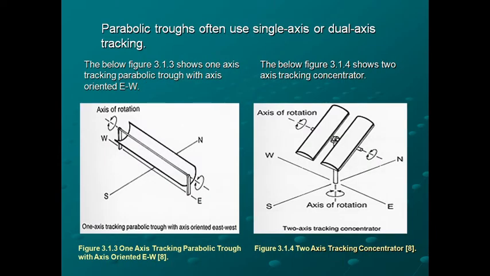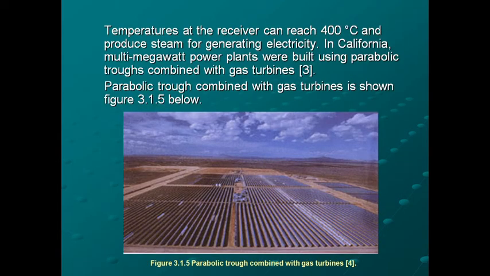The parabolic trough often uses single axis or dual axis tracking systems. We can see in picture 7 and 8, one in the east-west direction and the other in the south-north direction. So this is the industrial purpose, a parabolic trough combined with a gas turbine. We can see it in the picture 4.